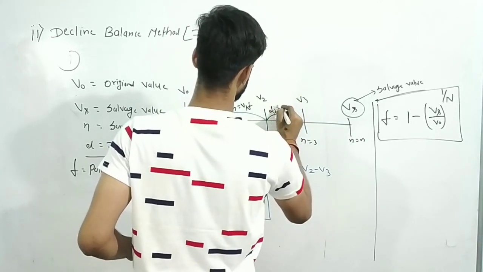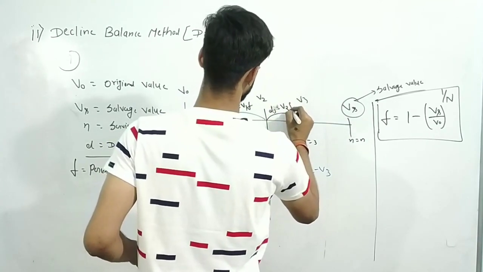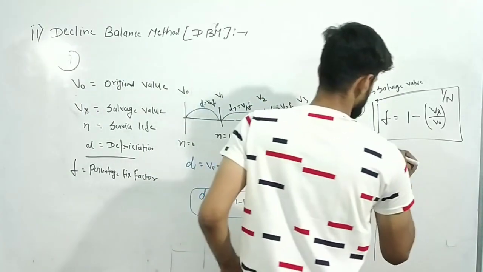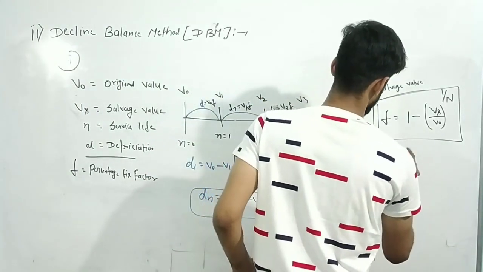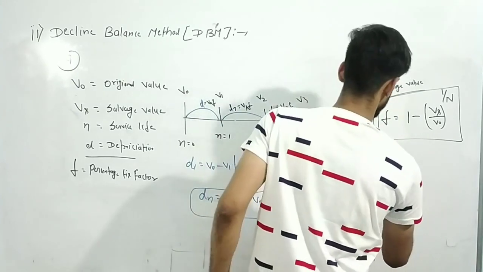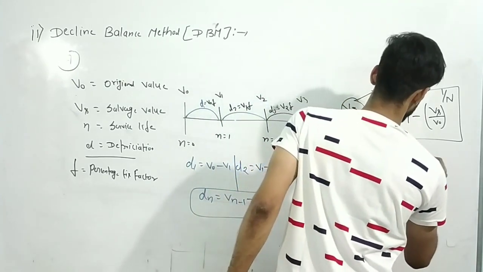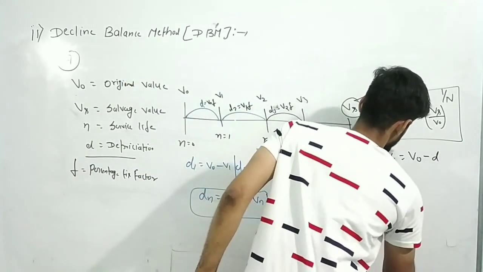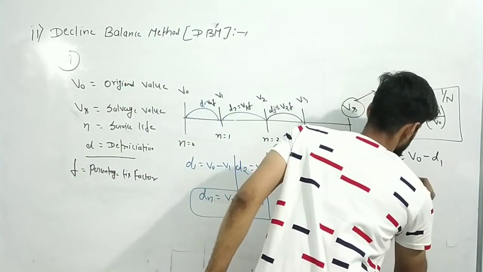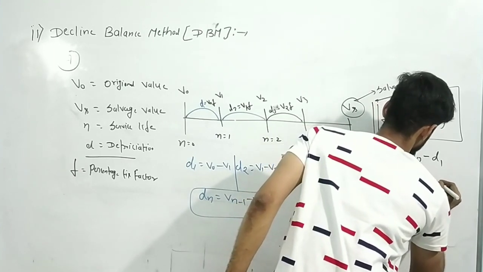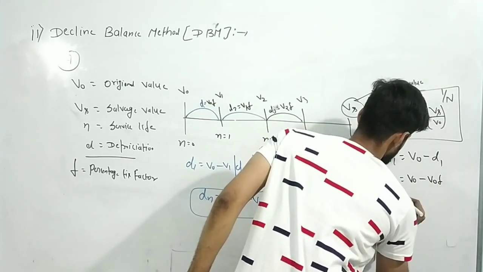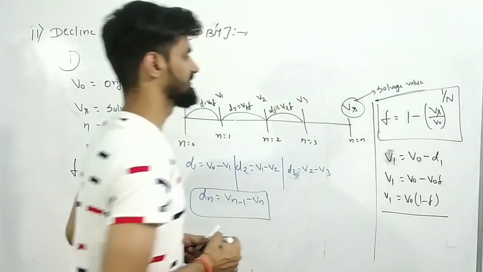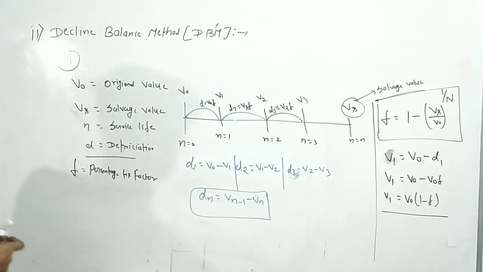D3 is equal to V2 times F. You can also write V1 equals V0 minus the depreciated value D1. So V1 equals V0 minus V0 into F, and from here V1 equals V0 into (1 minus F). You can write V0 equals V1 into (1 minus F).